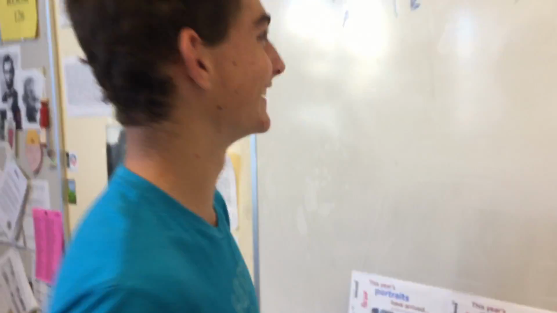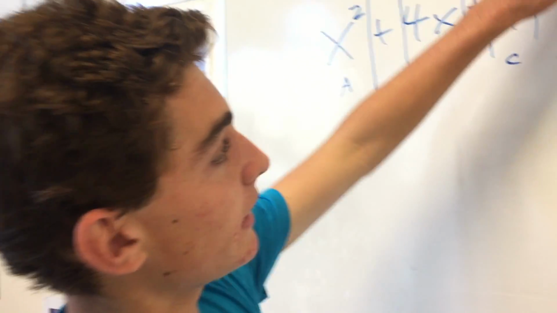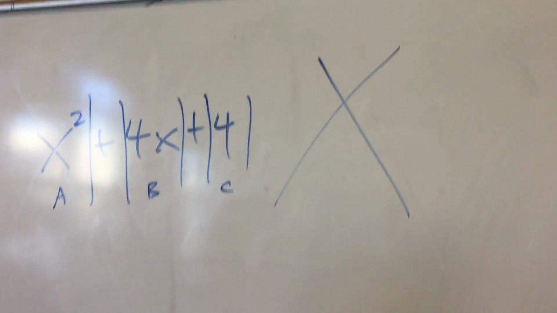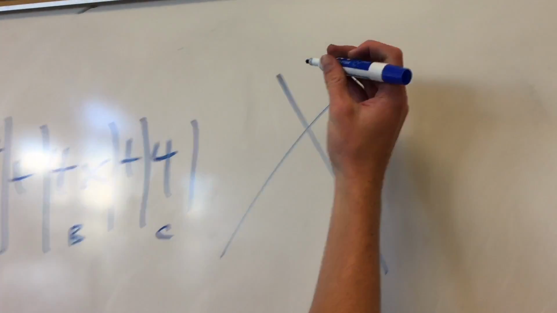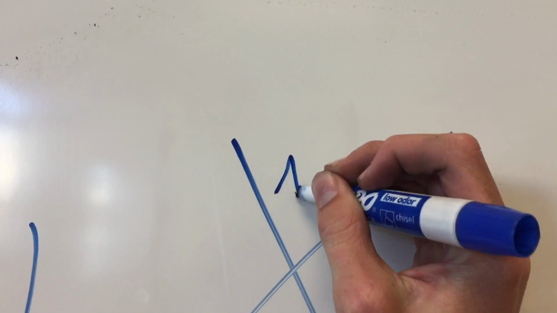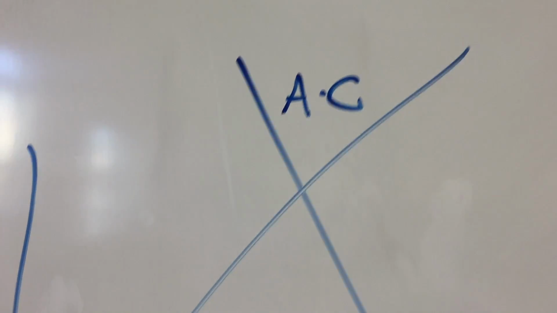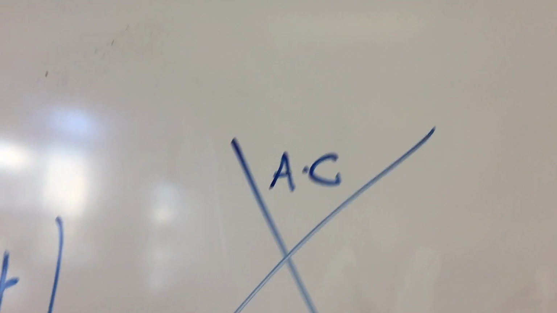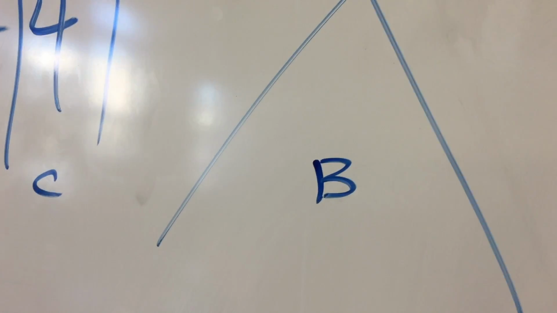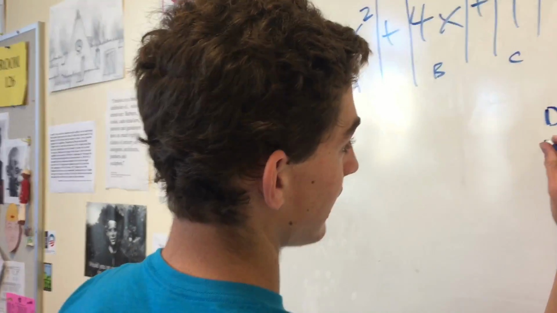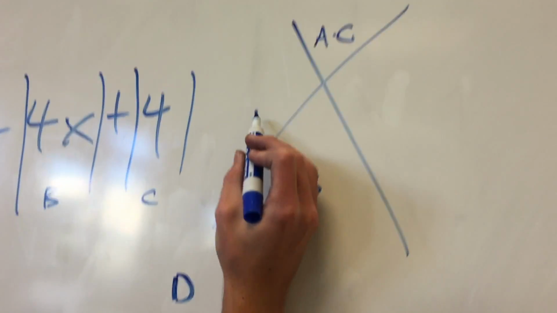So now you can see there are 4 quadrants in this x. In the top quadrant, we have A times C. In the bottom quadrant, we have B. Now, there will be 2 other numbers we will use in this, and this will be our end product for factoring: D and E. D will go here, in the left quadrant.